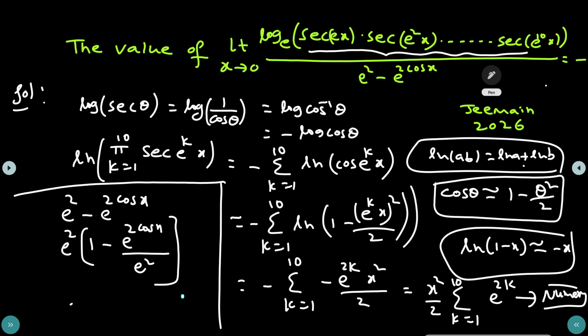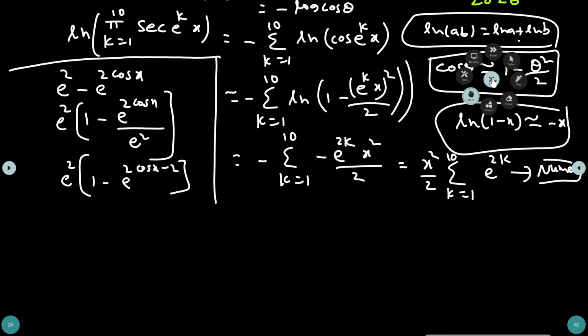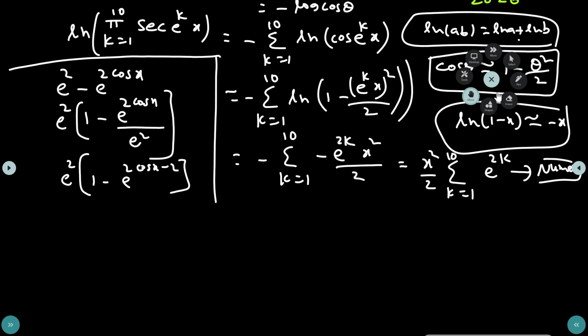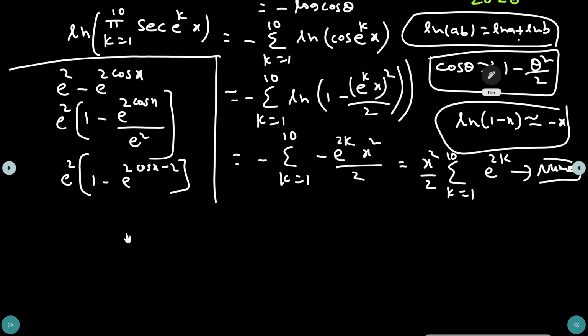In the next step, I am writing e square into 1 minus e power 2 into cos x minus 1.